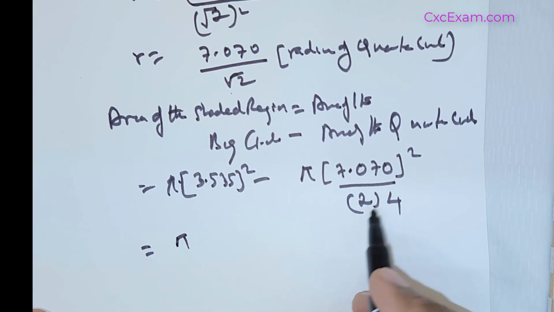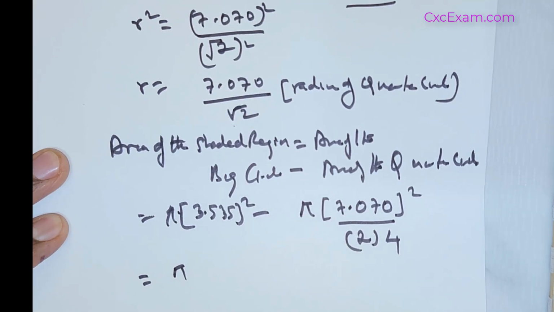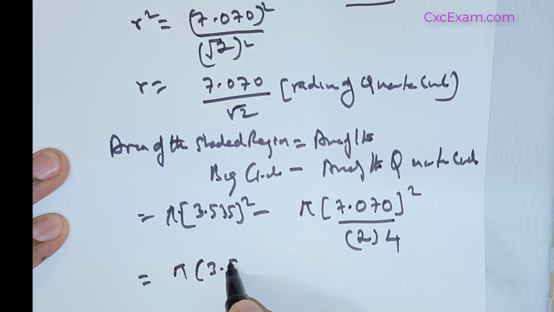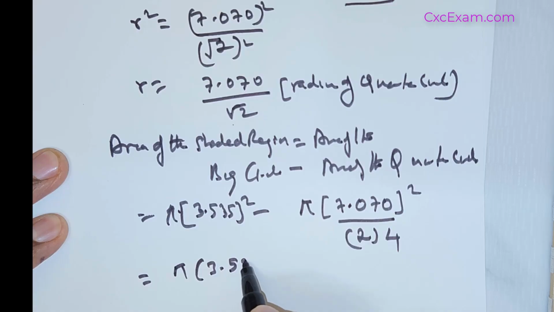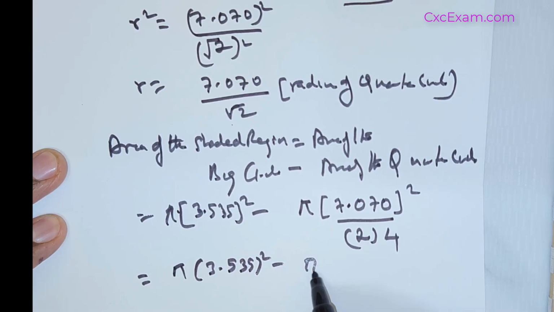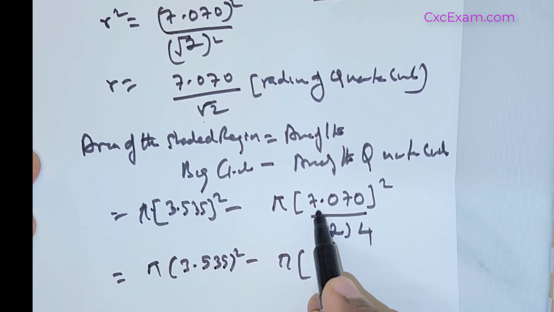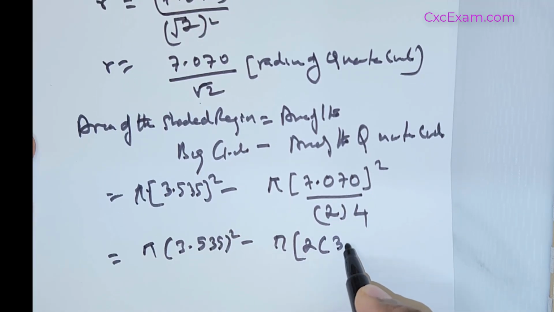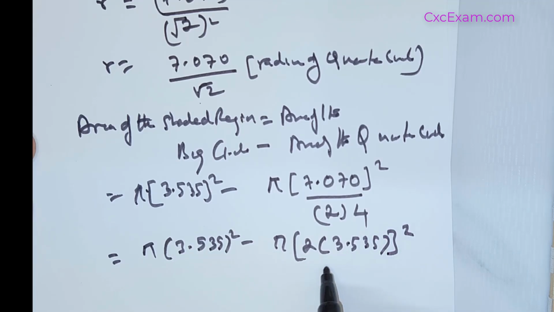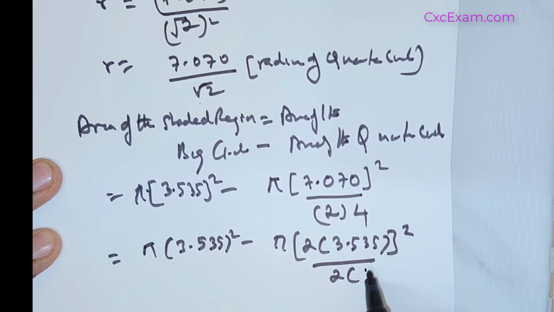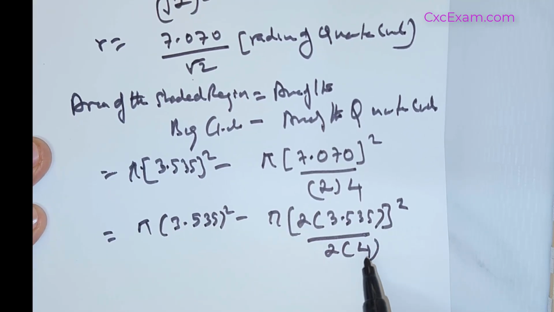So this is going to be equal to pi times. Now what we can do is perform some simplification here. So let this be 3.535 squared negative pi times 7.070, which is actually 2 multiplied with 3.535, isn't it? So that is raised to the power of 2, divided by 2 times 4.